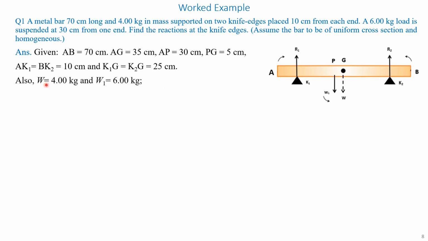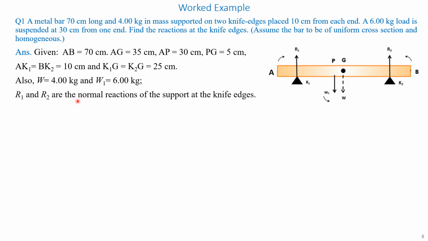Also, the weight W is 4 kg, that is the weight of the metal bar, and the suspended load is 6 kg. These are all given in the question, and K1G and K2G are calculated by subtracting the respective distances AK1 and PK2.